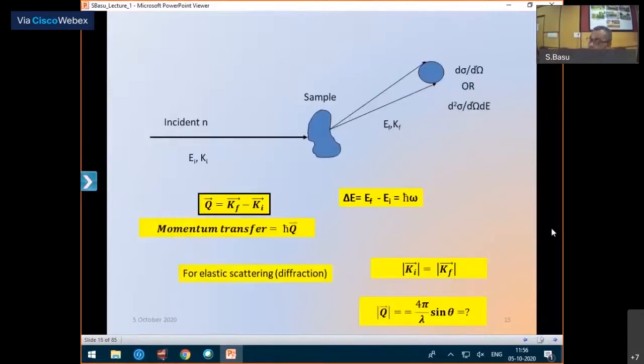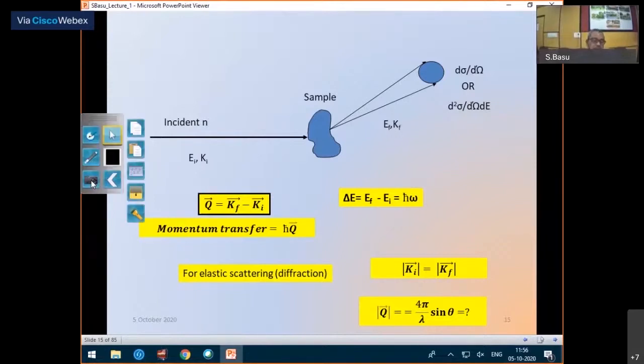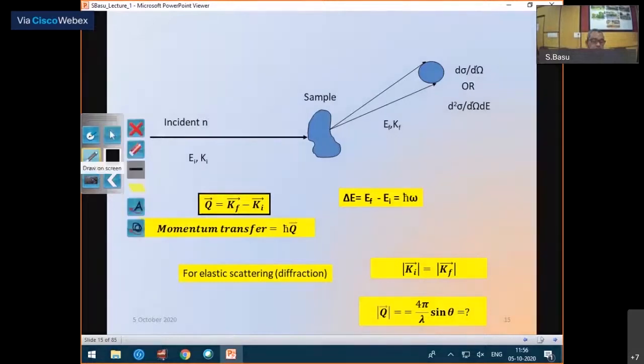So now I will get into the basics of neutron scattering. In principle, it's a very simple technique. If you have an incident neutron beam of certain energy falling on a sample, which is a conglomeration of atoms and molecules, and there is structure in it, local structure, global structure.